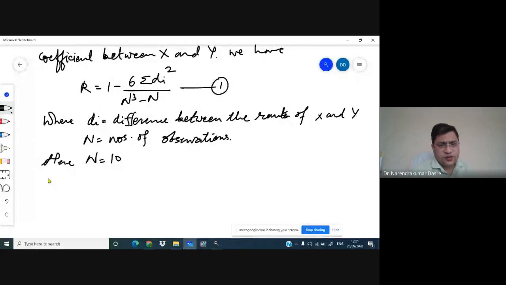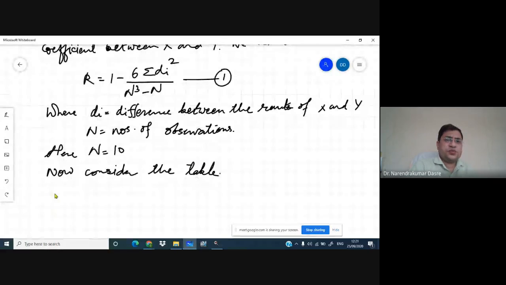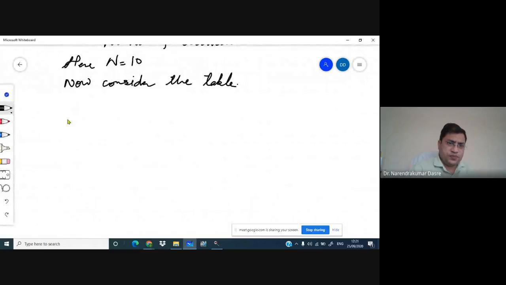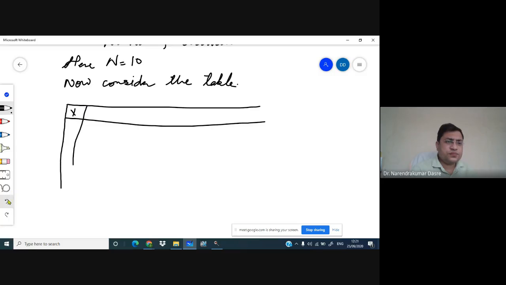Now what we have to do is consider the table. This table is much easier than the previous one. We have X data.